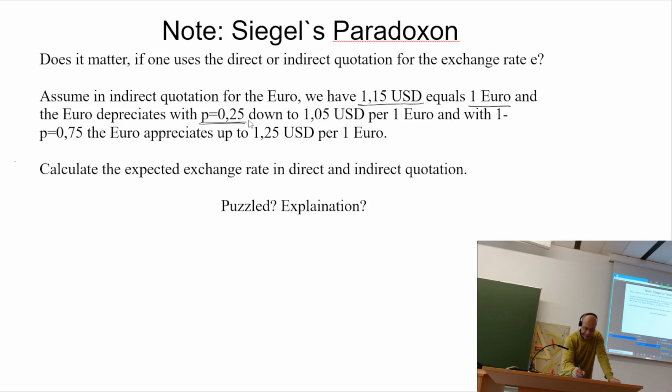So with 25%, we are assuming that the euro is depreciating to 1.05 US dollars per euro, and with 75%, we are assuming an appreciation up to 1.25 US dollars.